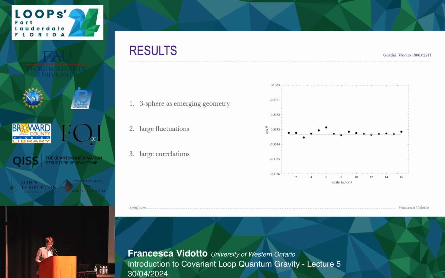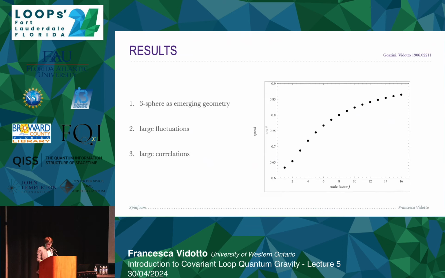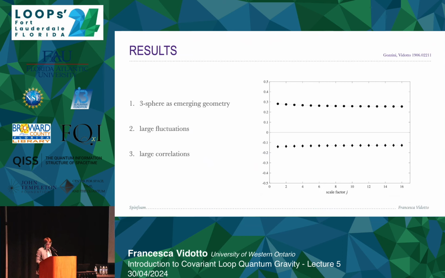So we have studied this, and we had some results back in 2019, in which, first of all, we checked that our state was correctly representing a three-sphere, so the observables, namely the angles, were exactly the ones that correspond to a regular triangulation of a three-sphere. We saw fluctuations that were larger than what you would expect, and also we saw very large correlations.